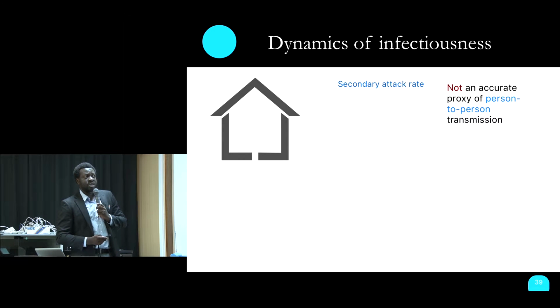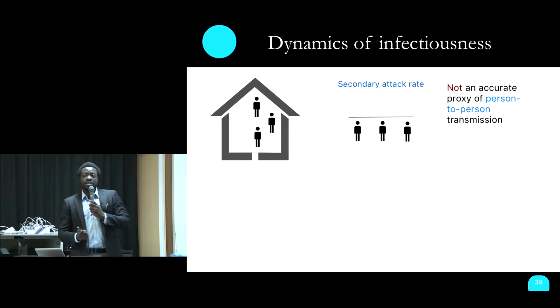However, the secondary attack rate is really not a perfect proxy for person-to-person transmission. Remember, I said the secondary attack rate is the proportion of those who develop the disease after contact with the primary case. This is the primary case in a household, for example.